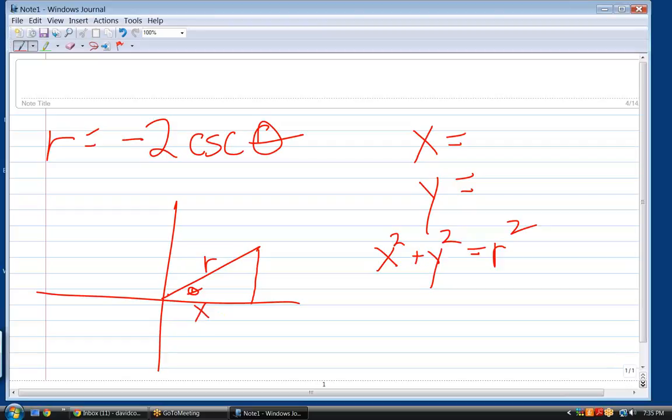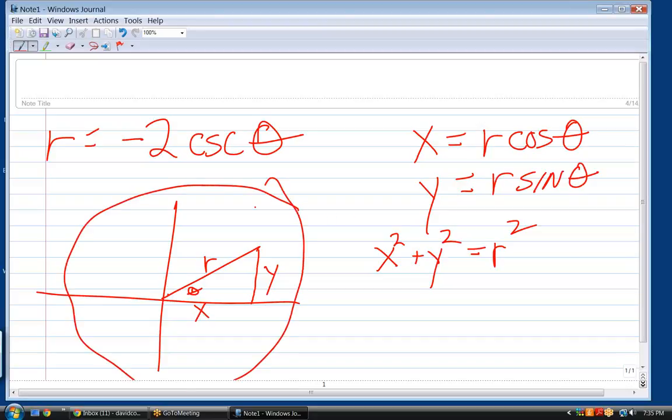That would be x over r, which means x equals r cosine of theta. What's the sine of theta equal to? y over r, which means y equals r sine theta. So you need to memorize those, but you can always figure them out. Remember that we're going to graph polar and rectangular on the same grid. They're not different grids. They're the same grid. And x squared plus y squared equals r squared, because that's a right triangle. Okay?